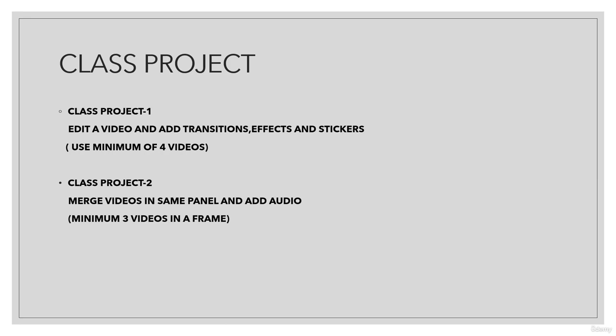For class project number 2, I want you guys to merge different videos and use transitions or add audio, like merge different videos in the same panel, so you need to put all those videos in the same panel. In the tutorial I have shown you guys how you can do that and how you can add your audio. In this case, you need to put a minimum of 3 videos inside a frame.